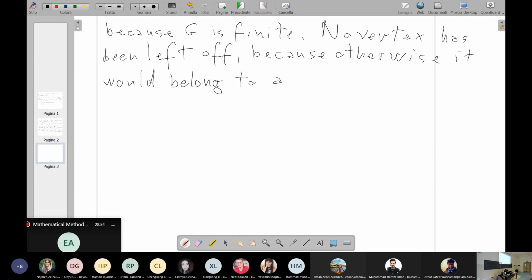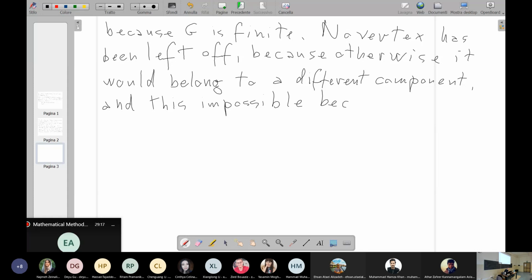So it was good to go over this notion of component again. And this is impossible because G is a tree, so it is connected.